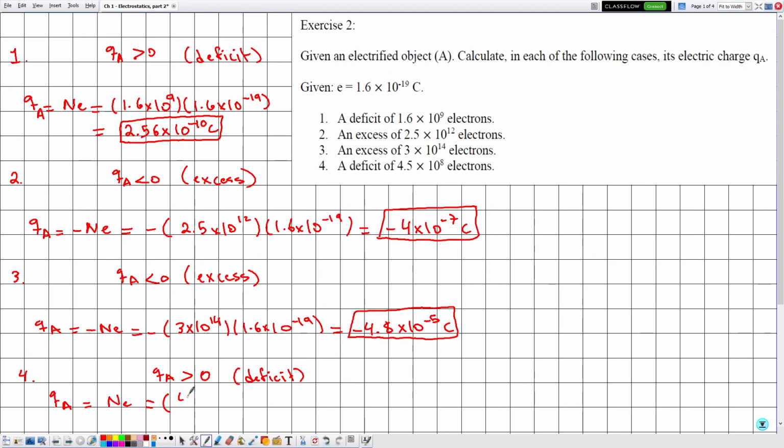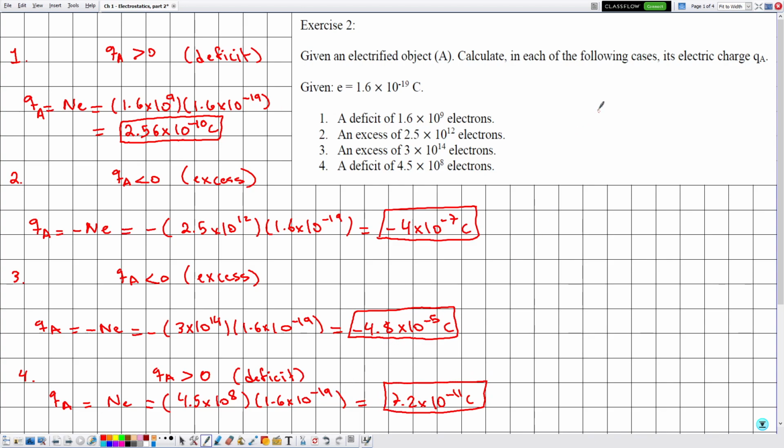The number of electrons is given by 4.5 times 10 to the power 8 multiplied by 1.6 times 10 to the power minus 19. Plugging this on the calculator, the charge of the object A, which is positively charged, is given by 7.2 times 10 to the power minus 11 coulombs.